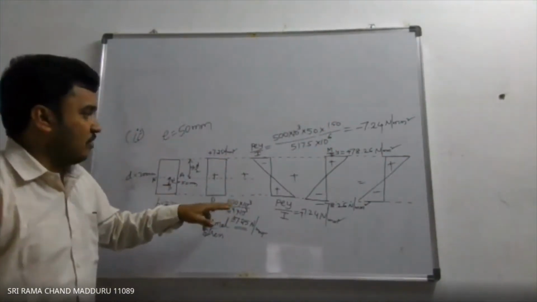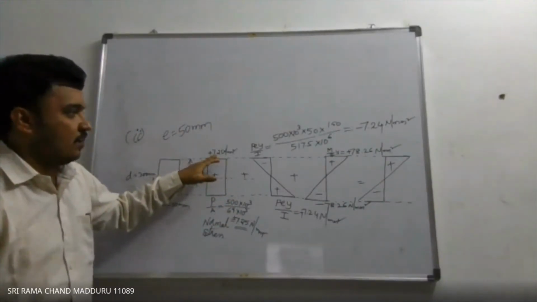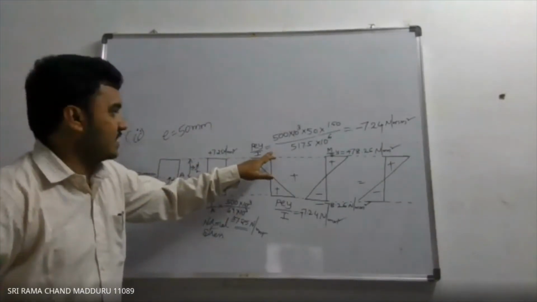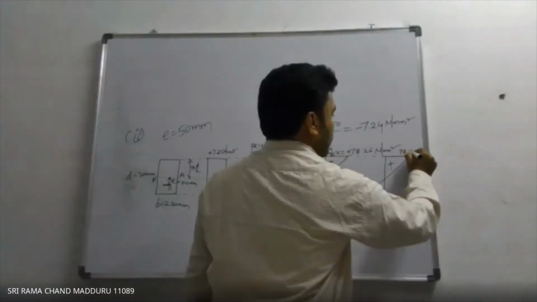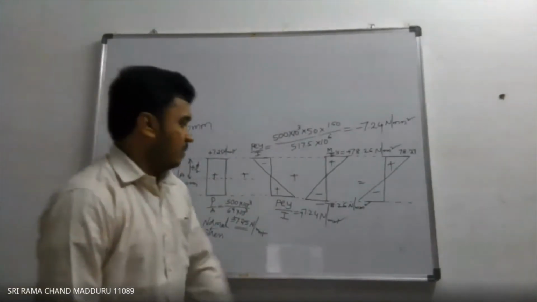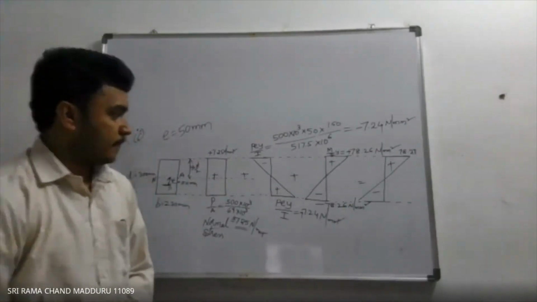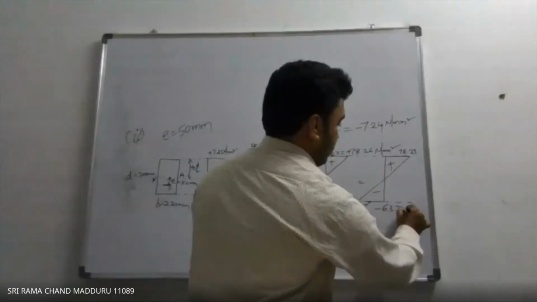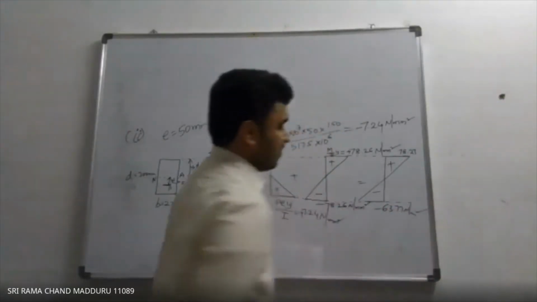What is the value at the top fiber? Plus 7.25, minus 7.24, minus 78.27 Newton per mm square.